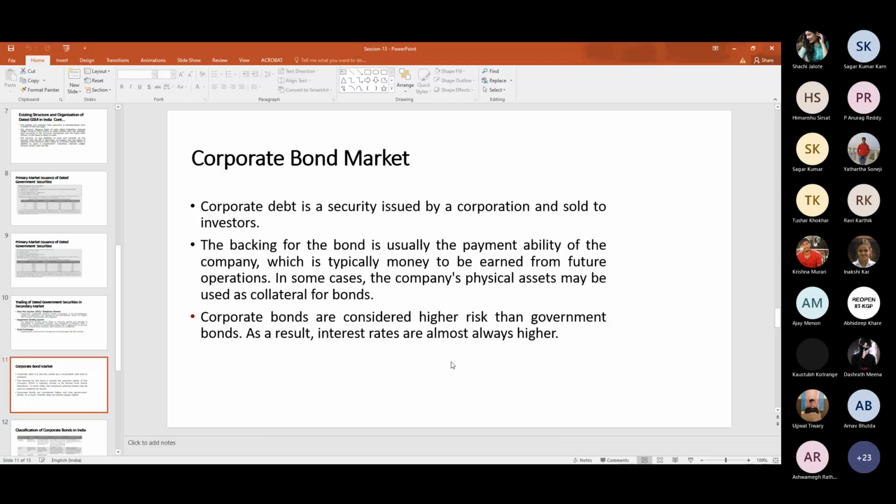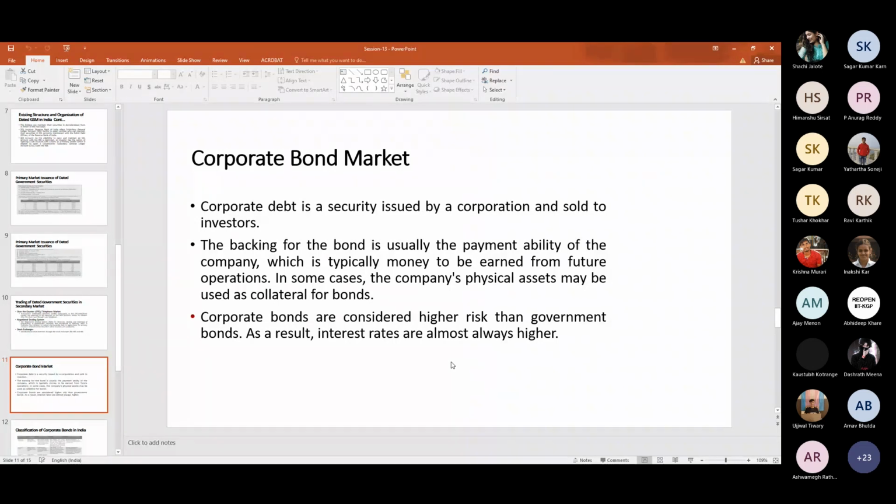Generally, if the bonds are issued by the corporates, the payment has to be made by the companies on a periodical basis according to the indenture provisions, which have been signed before. Sometimes the company's physical assets may also be used as collateral for those bonds. These are the secured bonds.